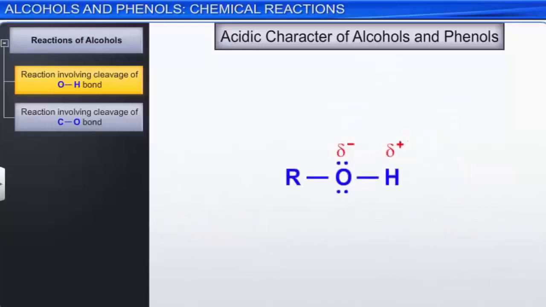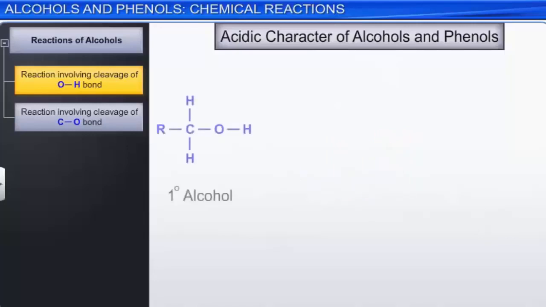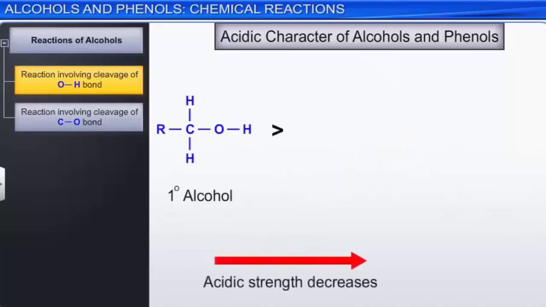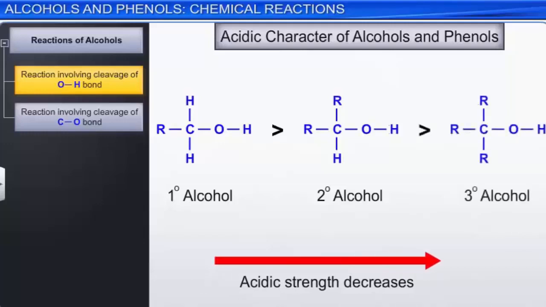Alcohols can donate protons because the oxygen-hydrogen bond is polar. Since oxygen is more electronegative, it has a partial negative charge. The hydrogen has a partial positive charge. Let us now understand why primary alcohols are more acidic than secondary alcohols, which in turn are more acidic than tertiary alcohols.